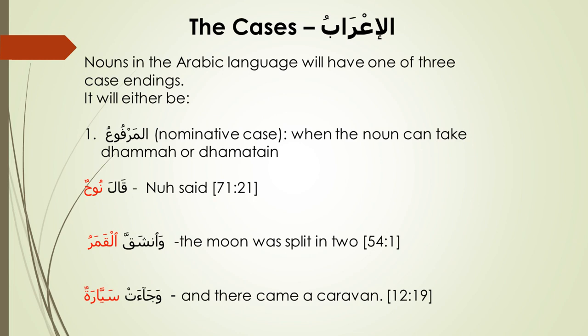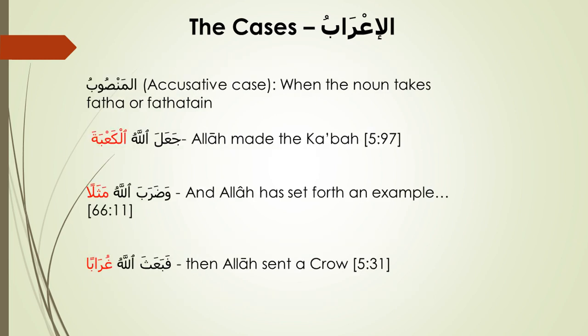And then the last one here, وَجَاءَتْ السَّيَّارَةُ. Sayyaratun in modern time means a car, but here it is a caravan. So that is al-marfu'. The second case is al-mansub.